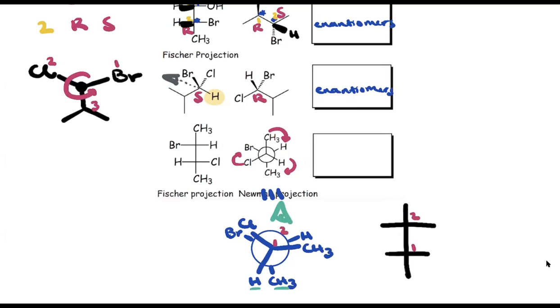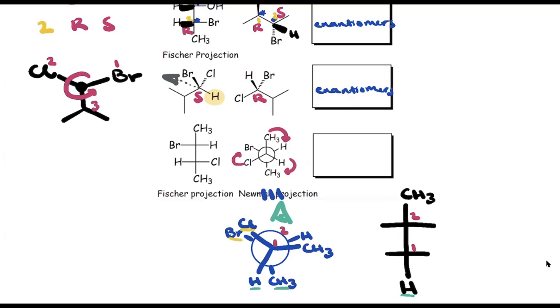So I see on carbon 1, my hydrogen is pointing down. So that hydrogen will be dashed over here. And then likewise, my CH3 will be dashed as well on carbon 2. Then from this perspective, you could see that your chlorine and your bromine are going to be on the left side. So I'll highlight that in yellow.